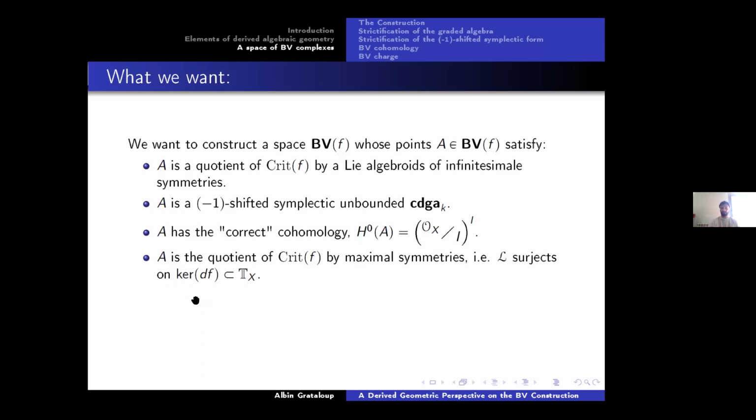That's the most natural way to describe symmetries of it. And something that I have not quite worked out, but would like to understand, is how to see A as some kind of reduction of this critical locus in this setting.